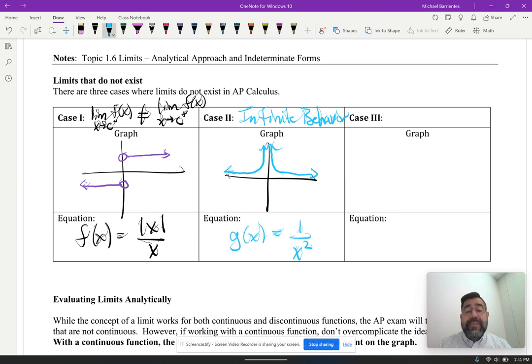I could say that the limit of g of x as x approaches 0 is infinity, but that means that the limit doesn't exist because there's infinite behavior.